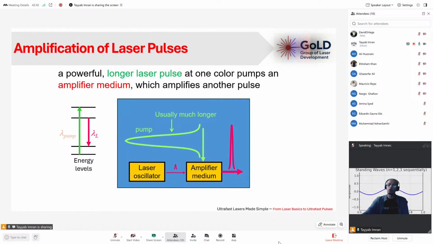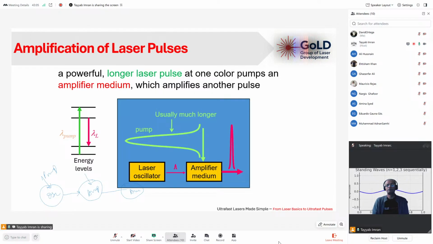Okay, so what does it mean? If you have an oscillator, and then you have an amplifier, and then it may need to have another amplifier if needed. So you need a pump here.